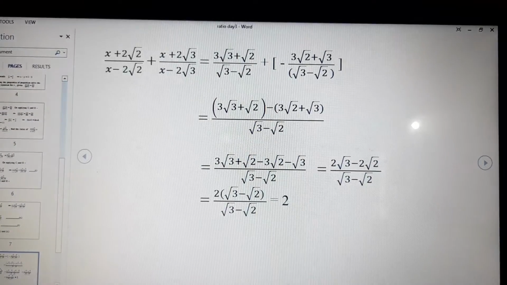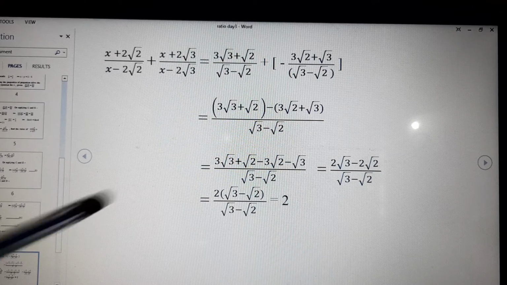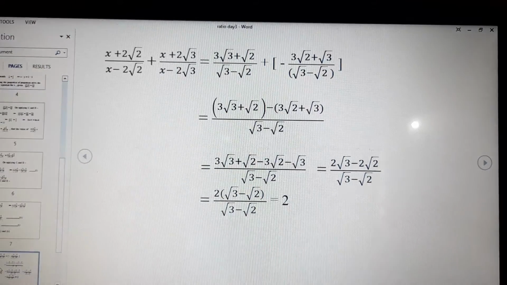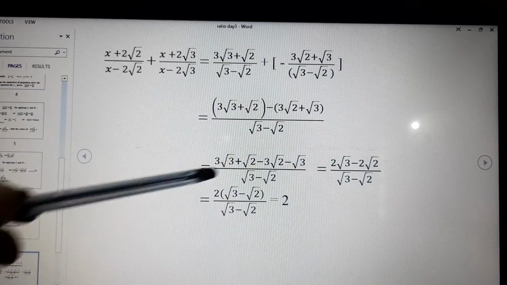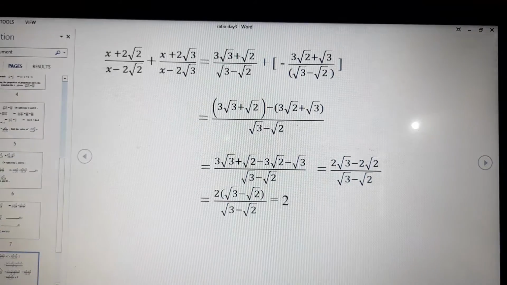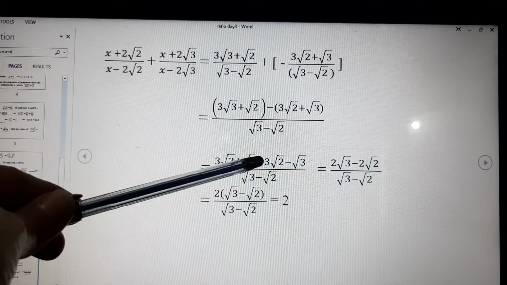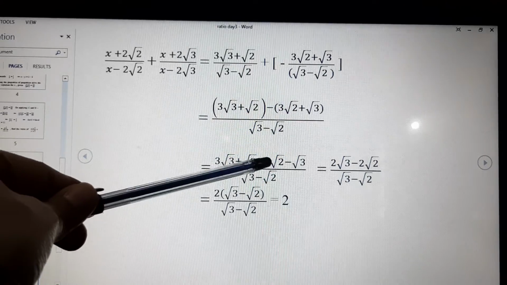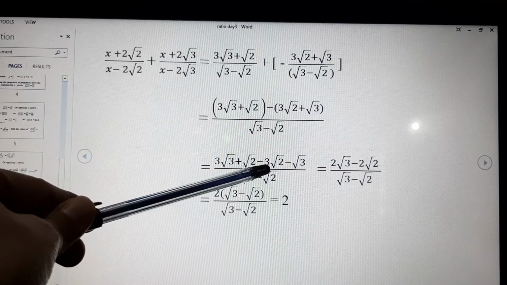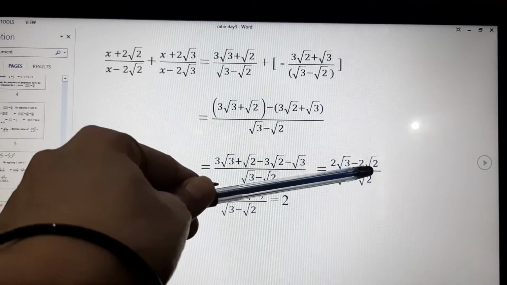If we open the bracket, it becomes minus 3 root 2 and minus root 3. If you solve it further, 3 root 3 minus root 3 becomes 2 root 3. It will be subtracted, like terms. Root 2 minus 3 root 2, this will also be subtracted because they are like terms, but we will be left with minus 2 root 2.